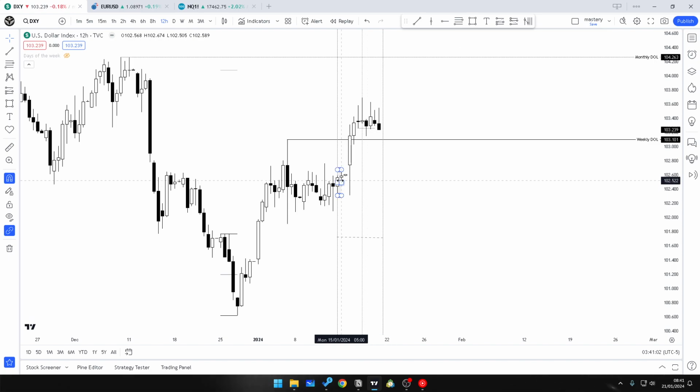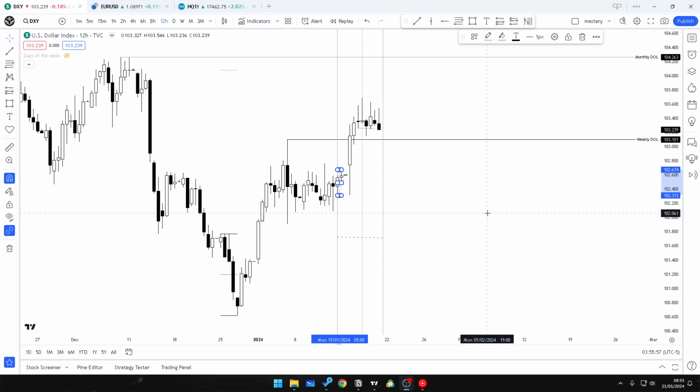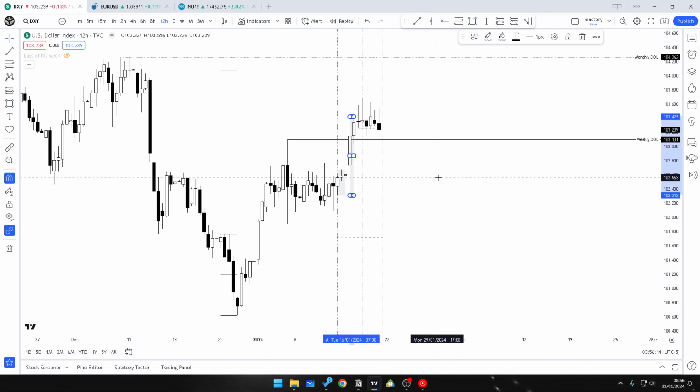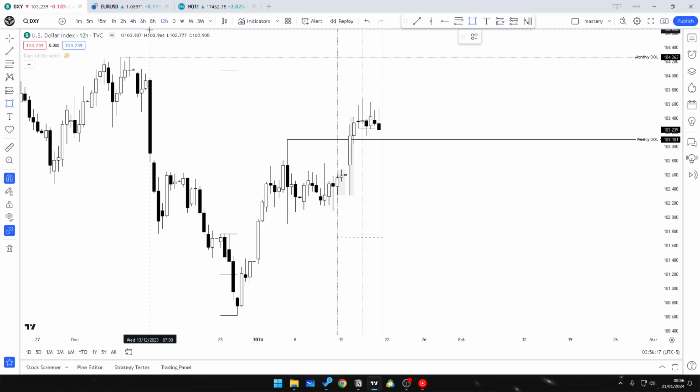So this is the Monday candlestick, followed by the Tuesday candlestick, which is two candlesticks because it's two 12-hour candlesticks. Wednesday candlestick, Thursday candlestick, and Friday candlestick closing the week.